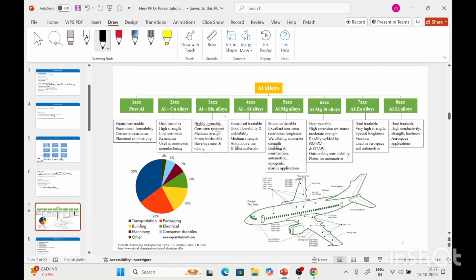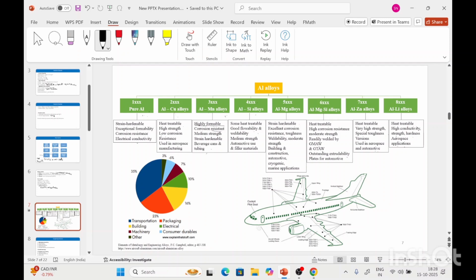And if we add magnesium and silicon both as major alloying elements, that will result in different types of precipitates in the alloy. Because of these precipitates, it has different properties. It is heat treatable, has high corrosion resistance, has moderate strength, and is readily welded by gas metal arc welding and gas tungsten arc welding.